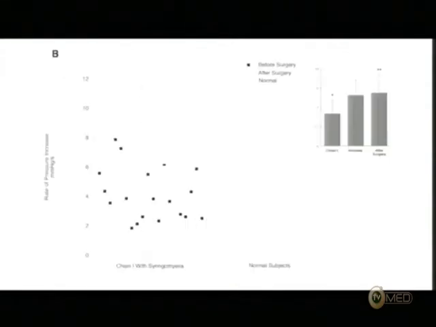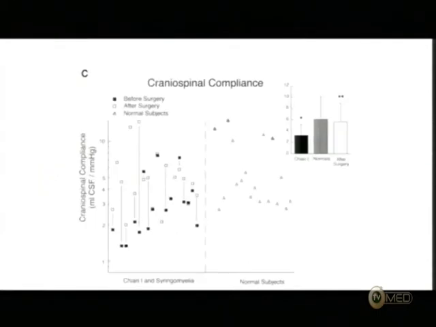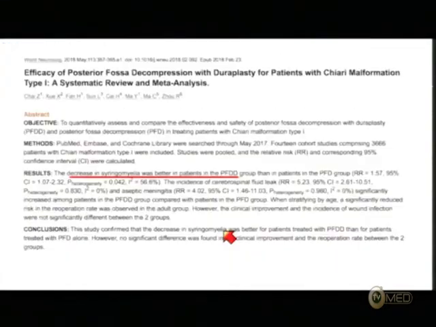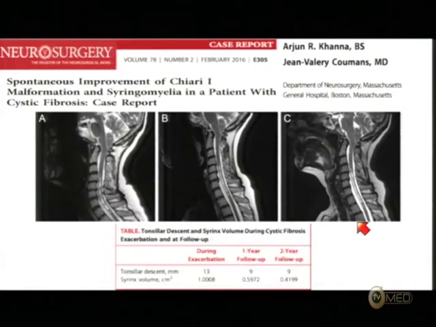And we have some studies that prove that after posterior fossa decompression, we have the resolution of the CSF pressures and cranial-spinal compliance, and we have very nice disappearance of the syrinx. But also, we know that in some patients, the syrinx resolution is spontaneous.